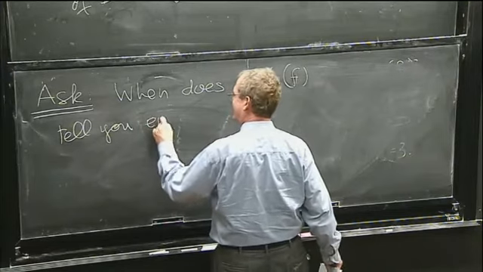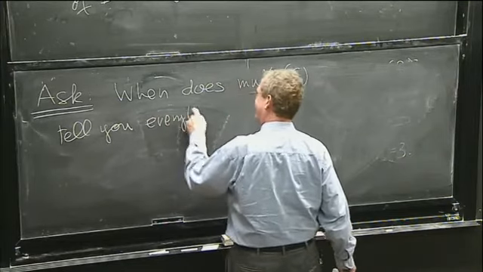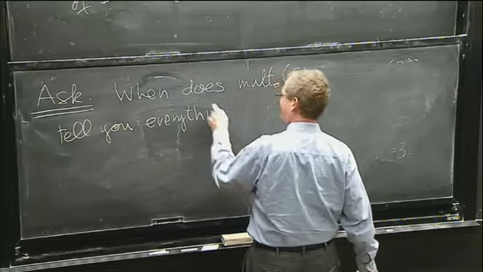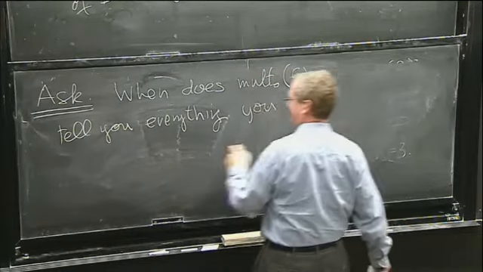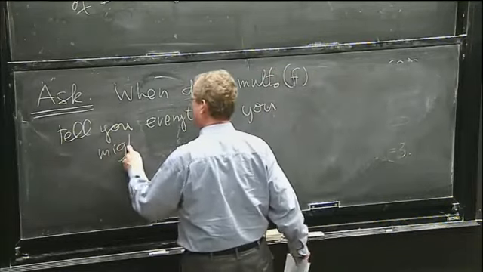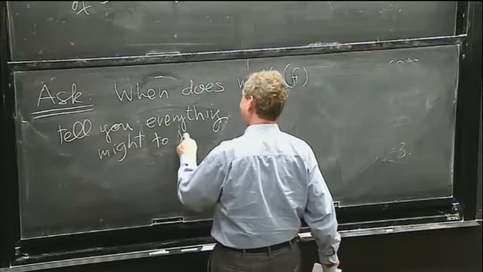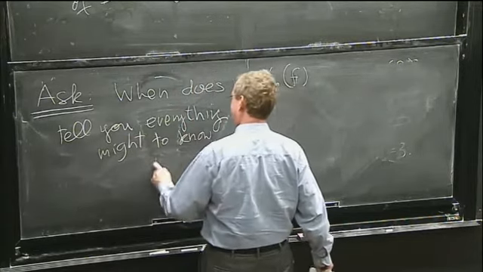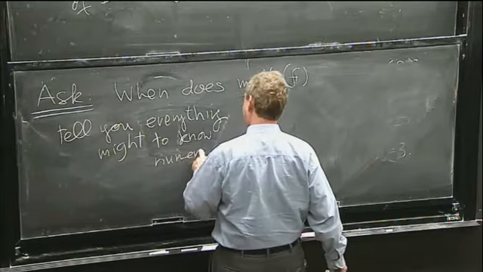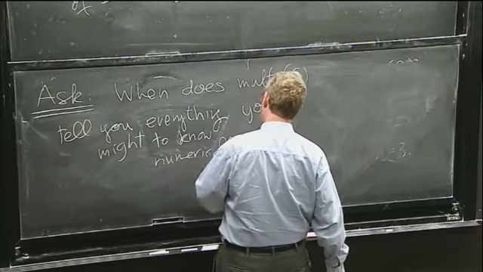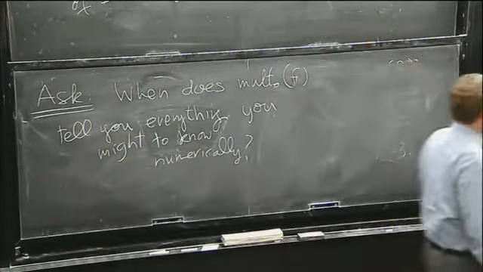It certainly always tells you something, but when does it tell you everything you might like to know numerically? When is it the perfect numerical invariant? This is a little bit vague, but let's just look at the pictures and we'll see.